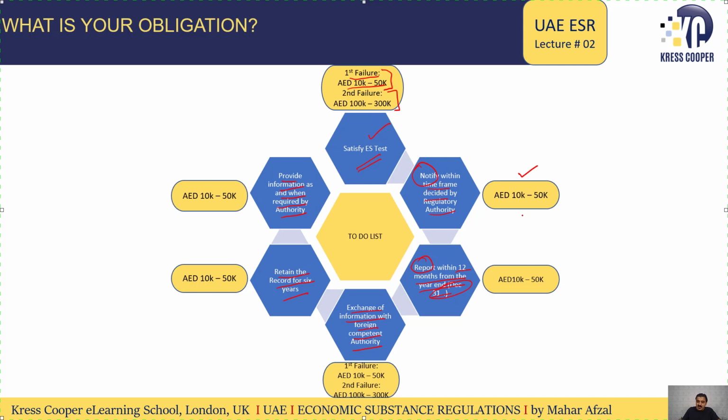If the licensee is not doing the reporting, 10 to 50,000. If they are not exchanging the information with the related authority, then first failure 10 to 50,000, second failure 100,000 to 300,000. If they are not maintaining the record, means they will not be able to provide the information to the relevant authority, then a fine of 10 to 50,000. In case they are not providing information or they are providing incorrect information, the fine will be 10 to 50,000.